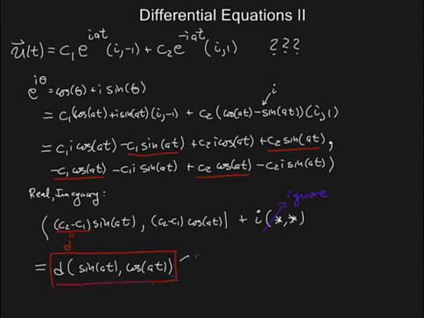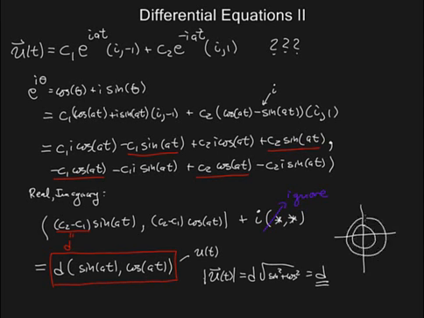And the length of this vector is D, since sine squared plus cosine squared is equal to 1. And the key point is that since the original matrix was real, it's okay to take the real part of this thing. The real part and the imaginary part separately are going to be solutions. So it was legitimate to throw away the imaginary part.